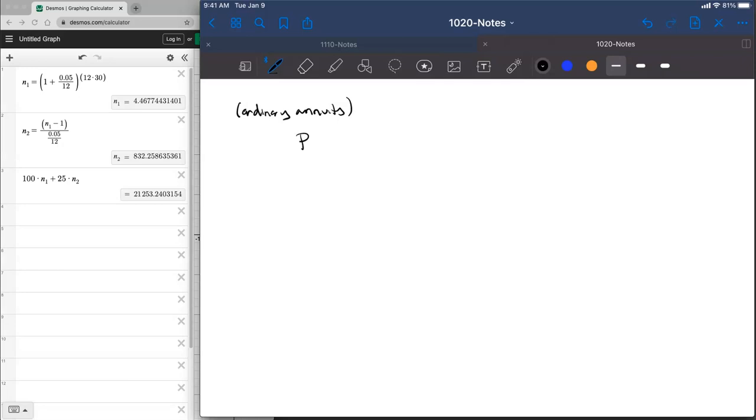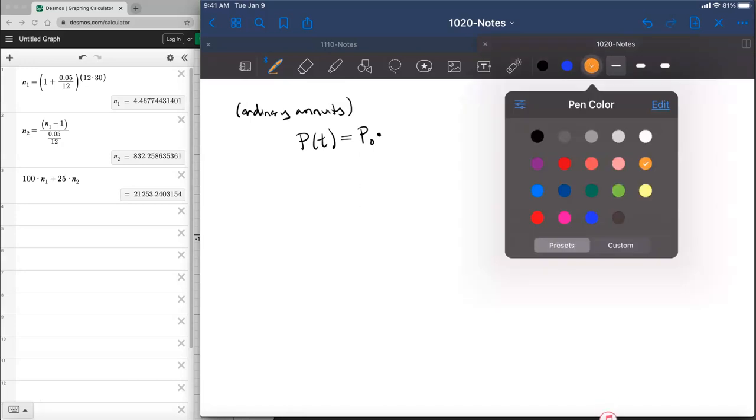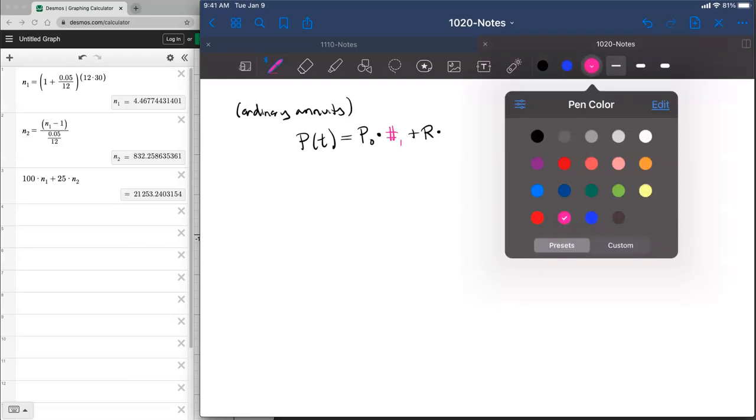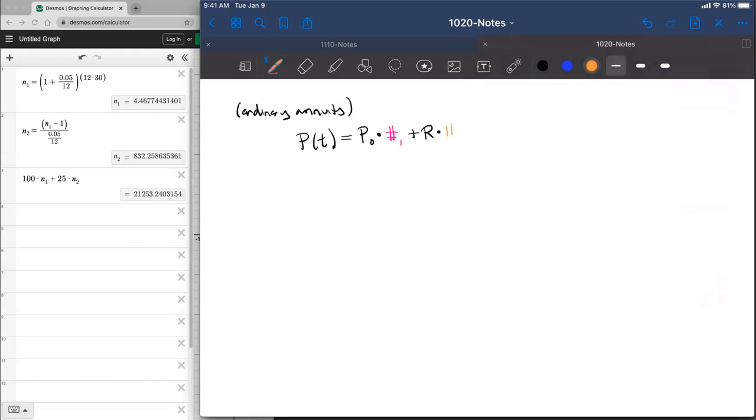Okay, so I'm going to write P of t is equal to P0 times that first number. I'll let you look at the previous page to see what that was, plus the dollar amount that we're investing every time period multiplied by the second number.